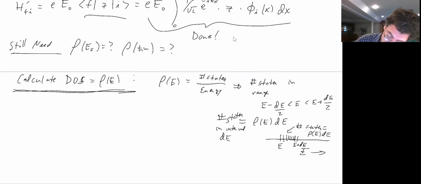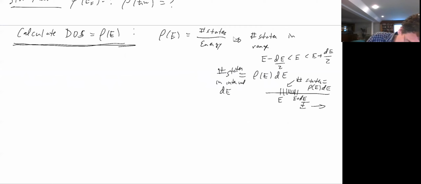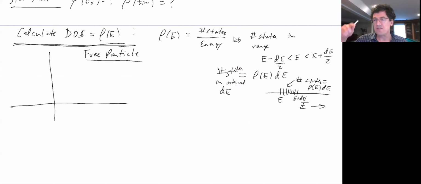Now I have to calculate what it is. Here's the way to think about it. Let's consider a free particle. You can have density of states for different situations. If I have a crystal, what's the density of states in the crystal? Or for a free particle, what's the density of states? It just depends on the Hamiltonian of your system. Every system is different and has a different density of states.